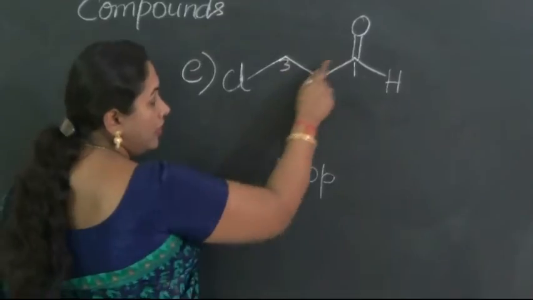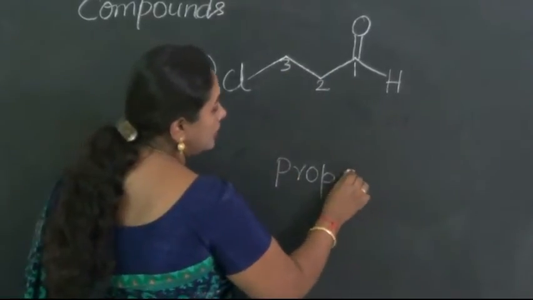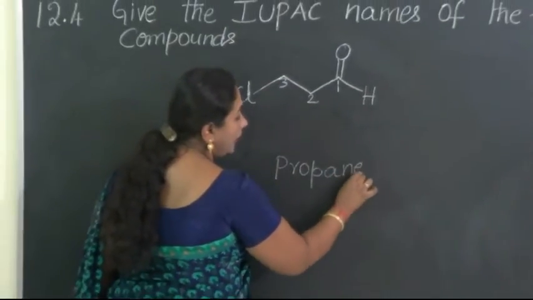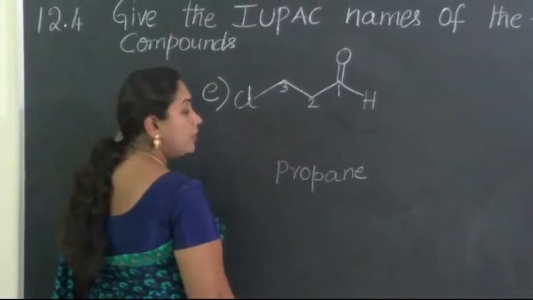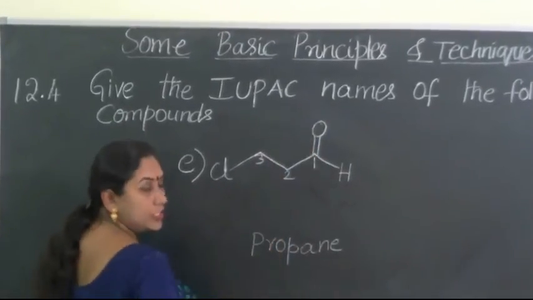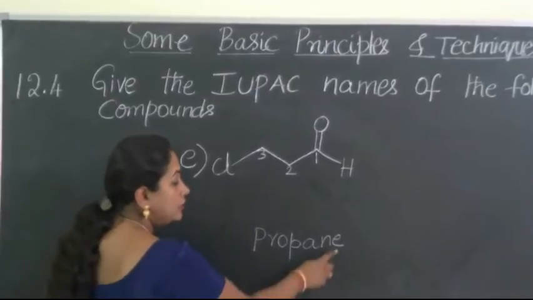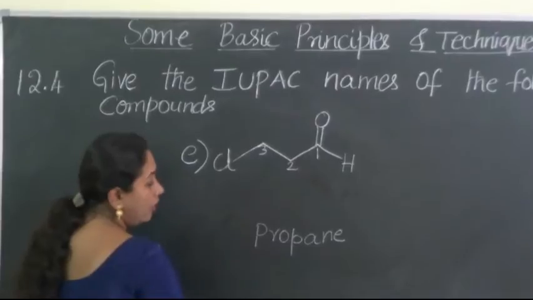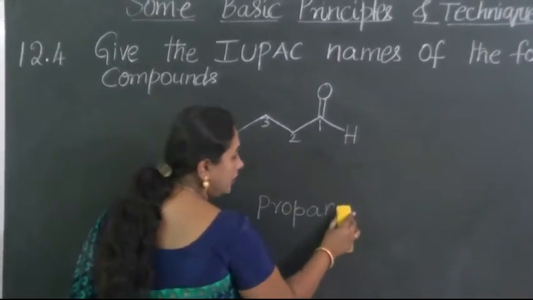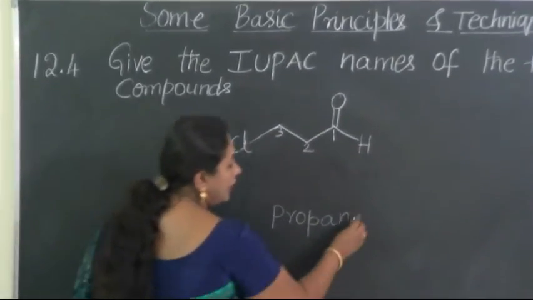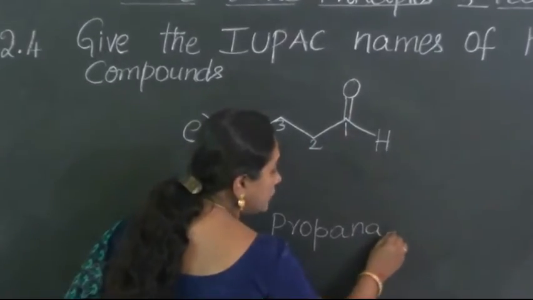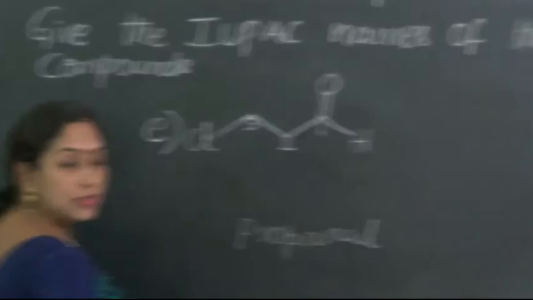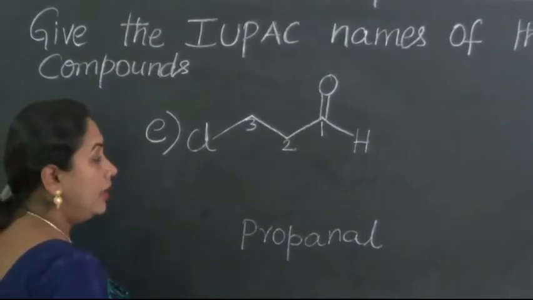So therefore, the suffix to be used is propane. And because it is the aldehyde which is present there, I should not end it with the term e. This e of the alkane has to be replaced with al. Aldehyde should end with the suffix al.